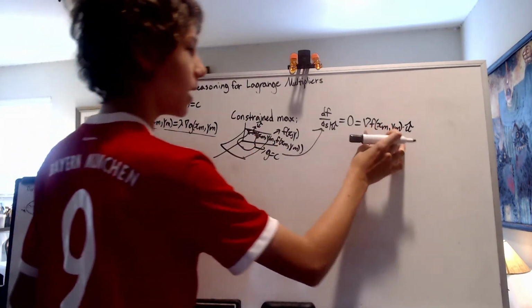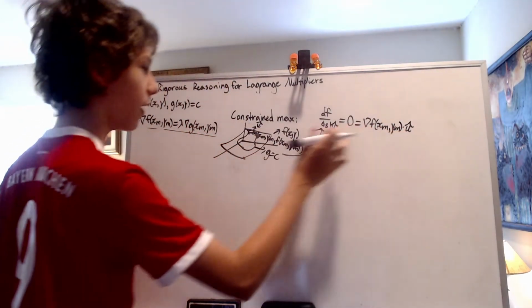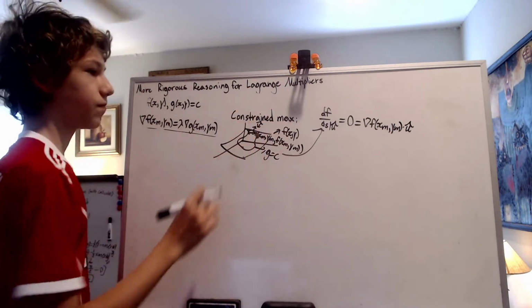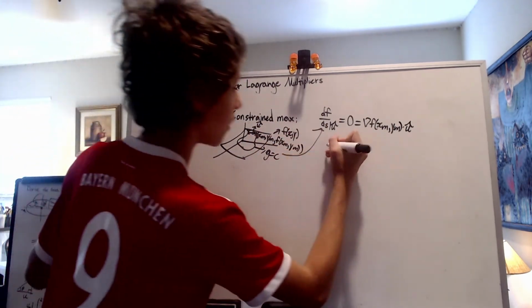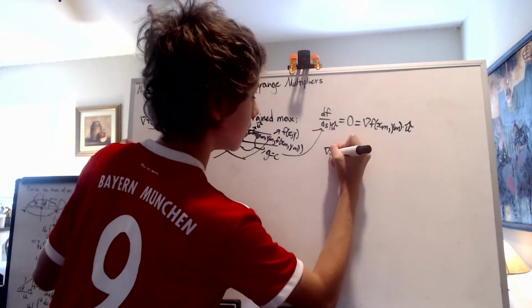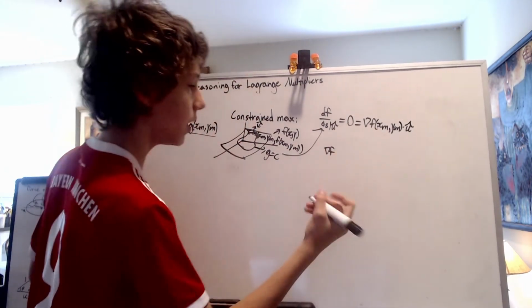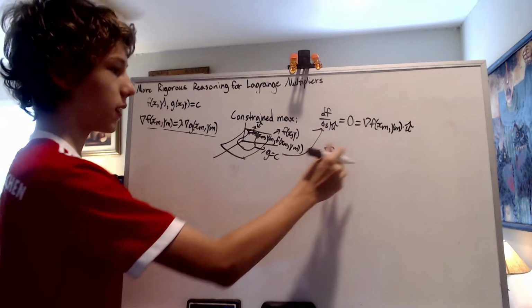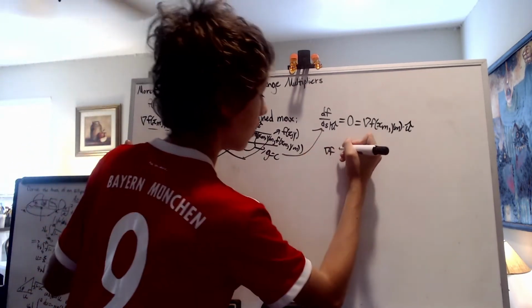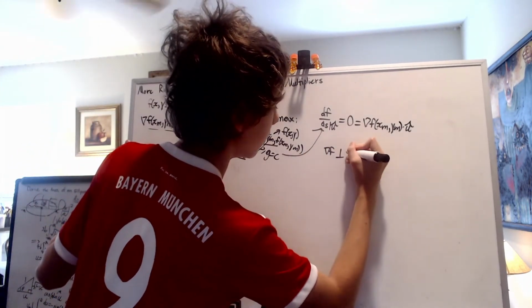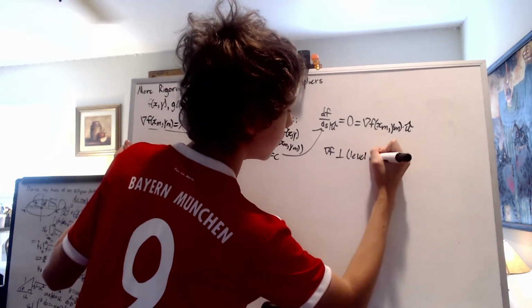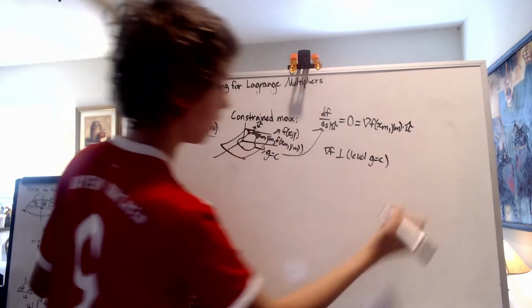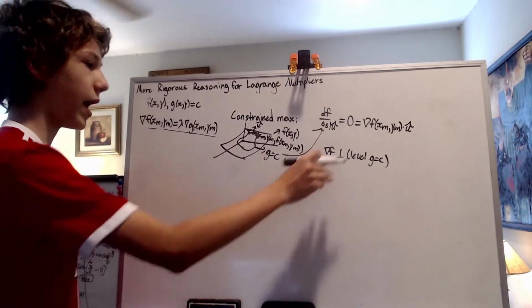And that tells us that the gradient of f is perpendicular to our level g equals c. So gradient of f, just think that it's at xm, ym. Just think that in your head. It's perpendicular to the level g equals c. Okay, at xm, ym.